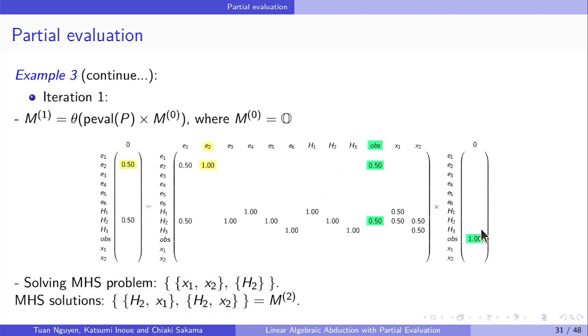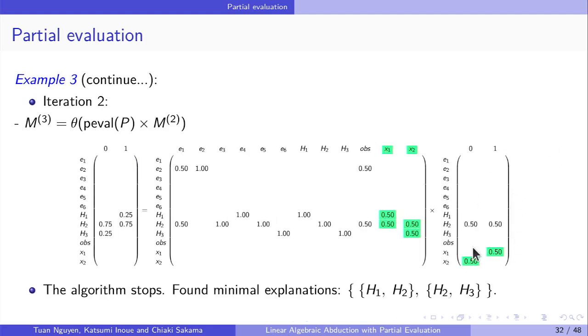We do the same thing, starting from the observation matrix. We multiply it with the P over matrix, and we obtain this matrix. And here we have the head of all rules, and then we have to solve the minimal hitting set problem. But this problem is different from the one before. So we do the same thing, and we get the next matrix.